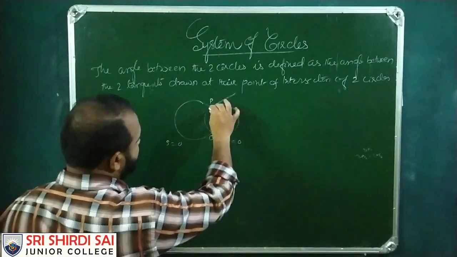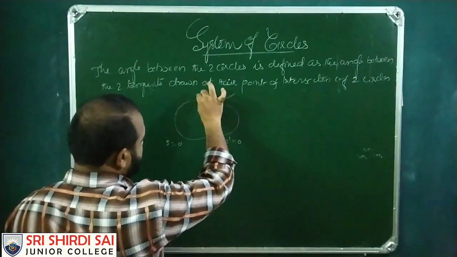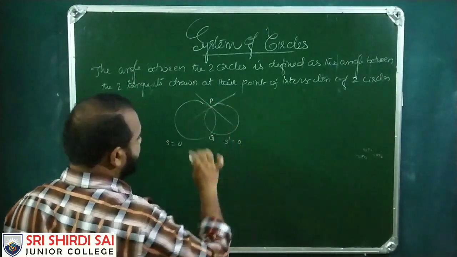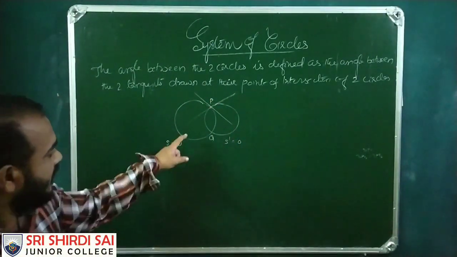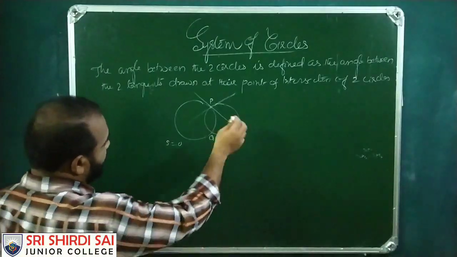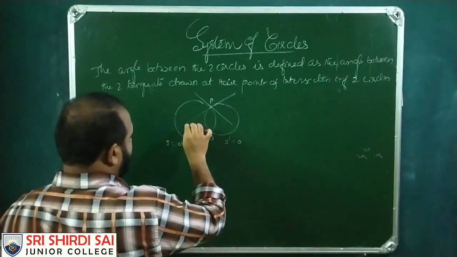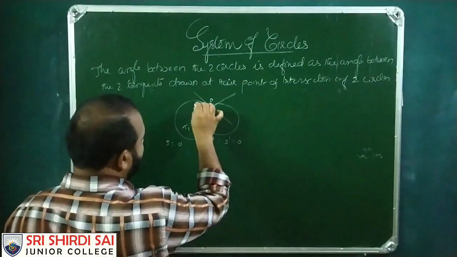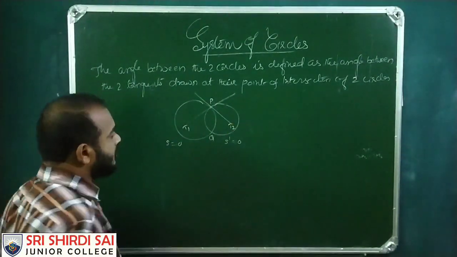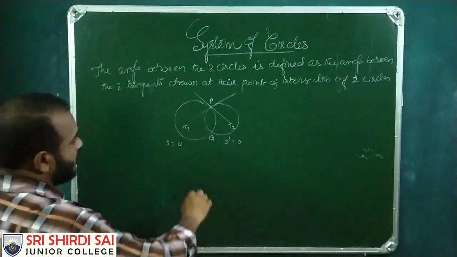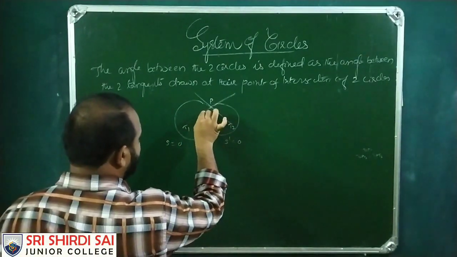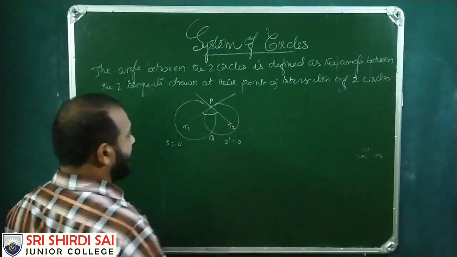For S equals 0, this is the tangent. Let us give the names: this is T1 and this is T2. So this is the angle between the two circles.